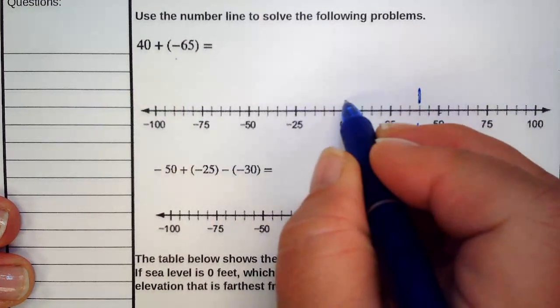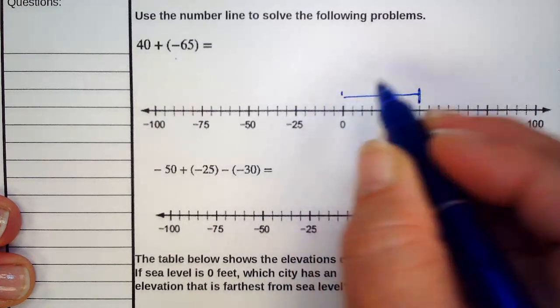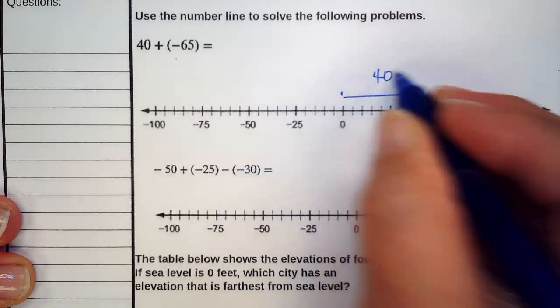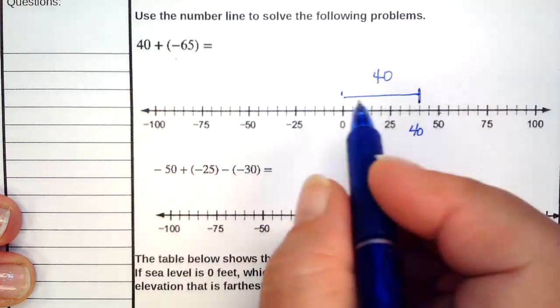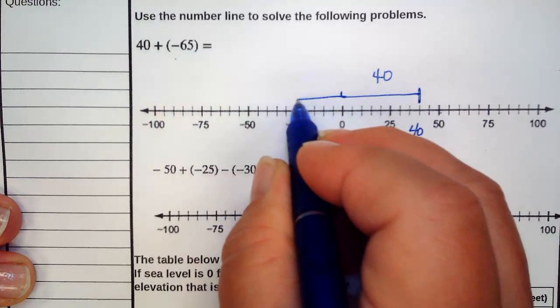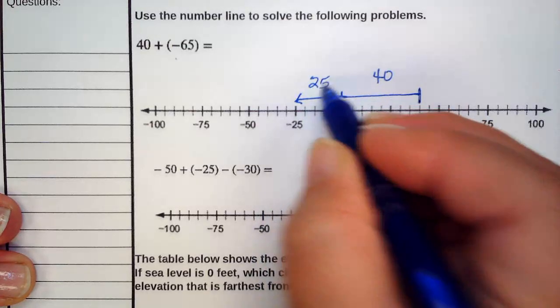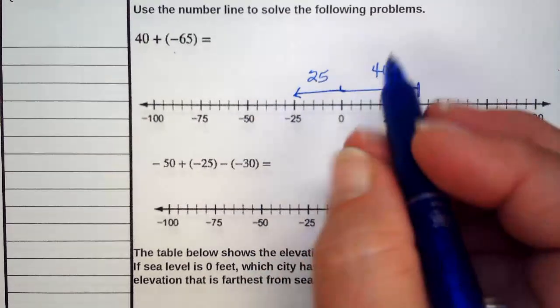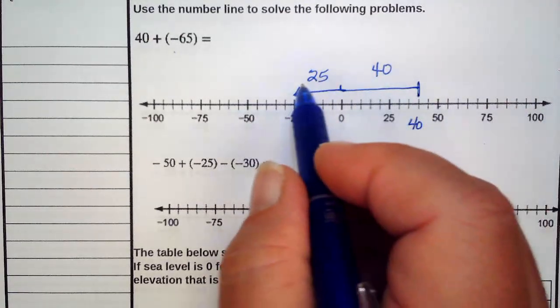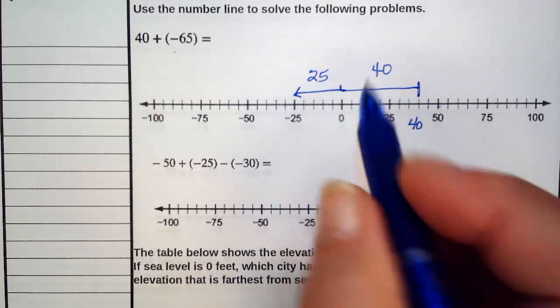So I do know that to here this would be 40 units. But I need to go another 25. So I've gone a total of 65 units. I'm at negative 25.